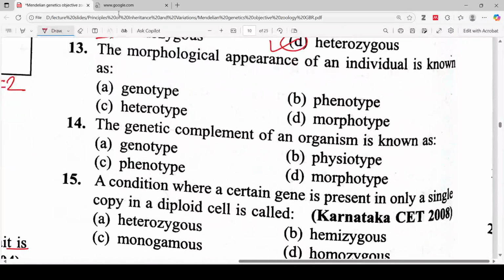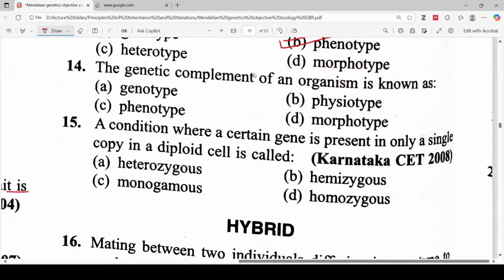Next question. The morphological appearance of an individual is known as, options are given. So the correct answer will be phenotype. Next question. The genetic complement of an organism is known as genotype, phenotype, physiotype, or morphotype. So the correct answer is option A, genotype.